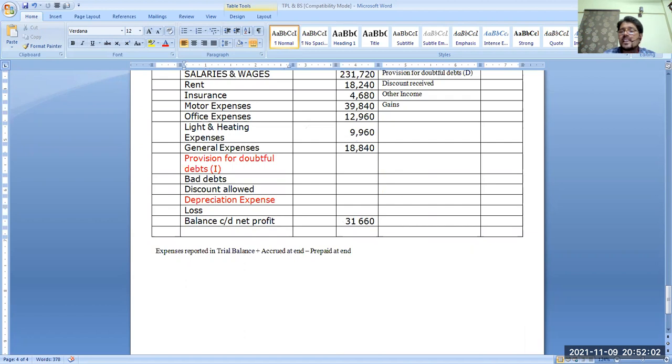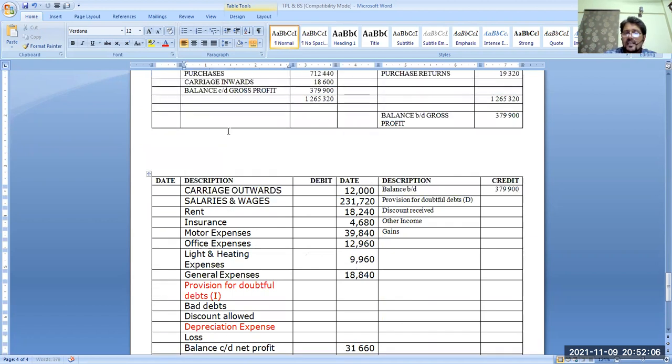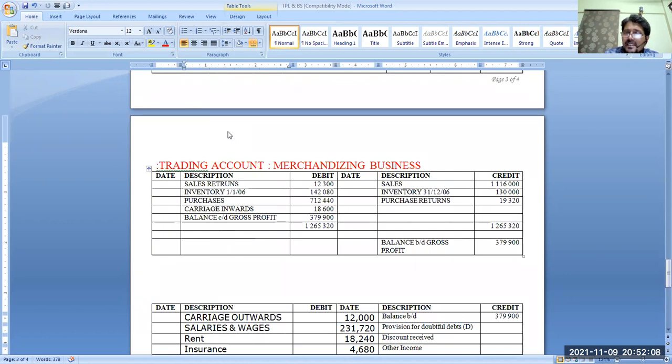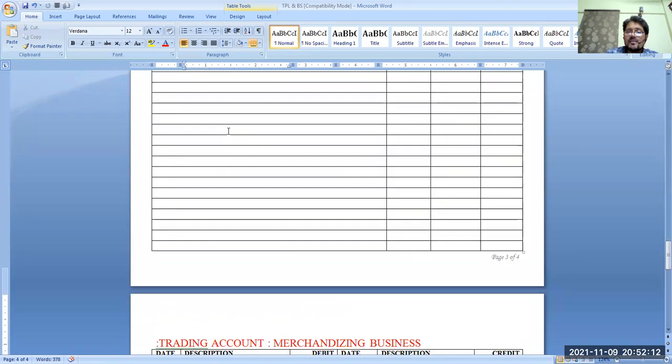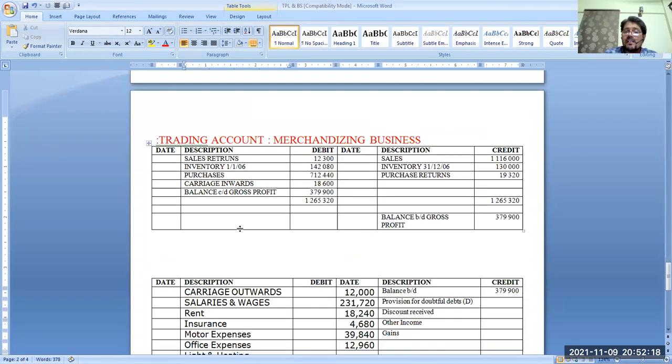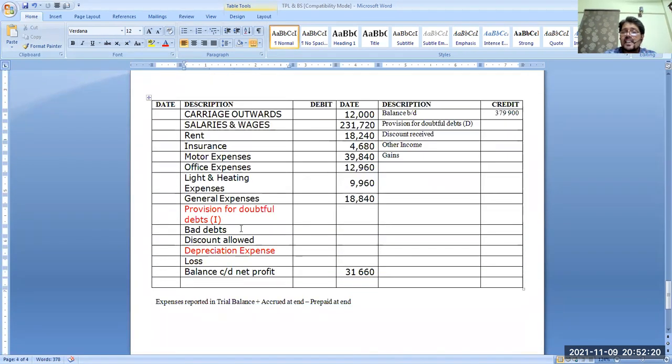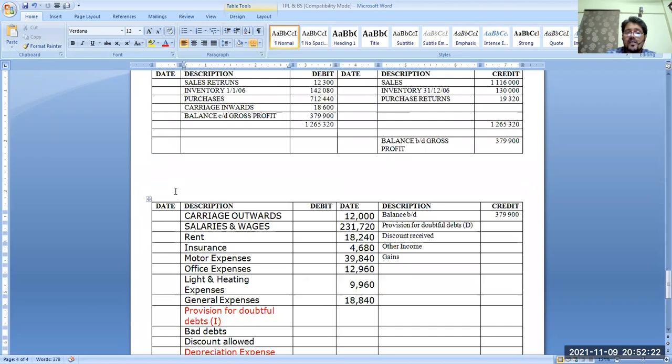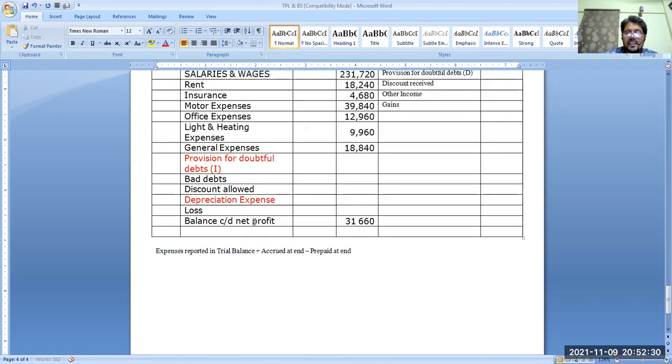This is how we make the trading and profit and loss account, and that of a merchandising business and a manufacturing business is the same. You can make it in a statement form like this. This is statement form, or you should remember it in your T account form. This is the profit and loss account. Are you getting my point here?